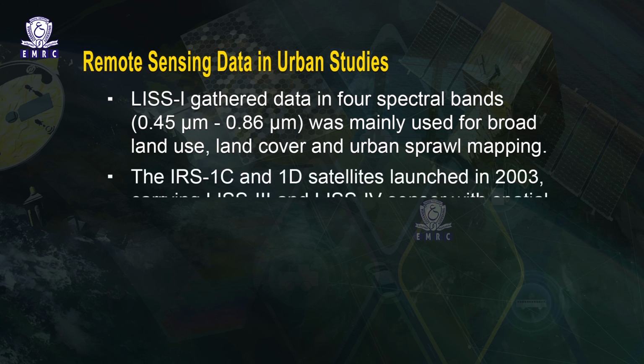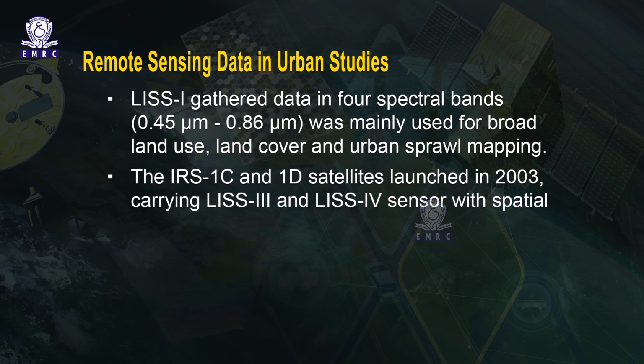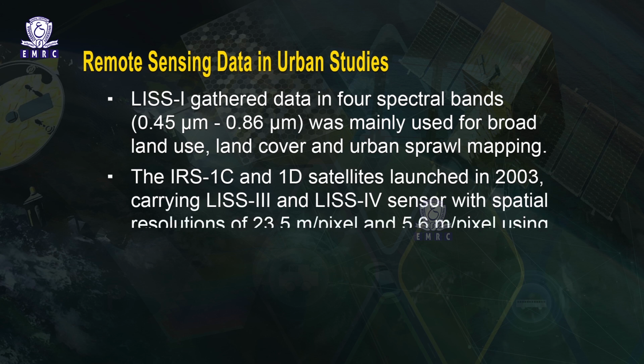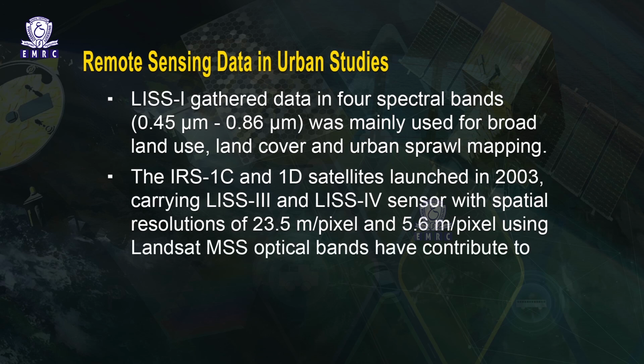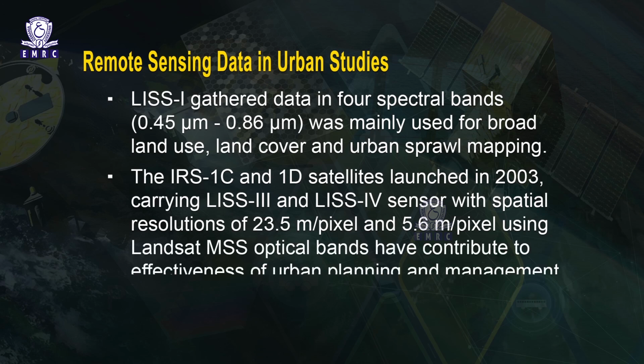The IRS-1C and 1D satellites launched in 2003 carrying LISS-3 and LISS-4 sensors with spatial resolutions of 23.5 meters per pixel and 5.6 meters per pixel using Landsat MSS optical bands have contributed to effectiveness of urban planning and management.